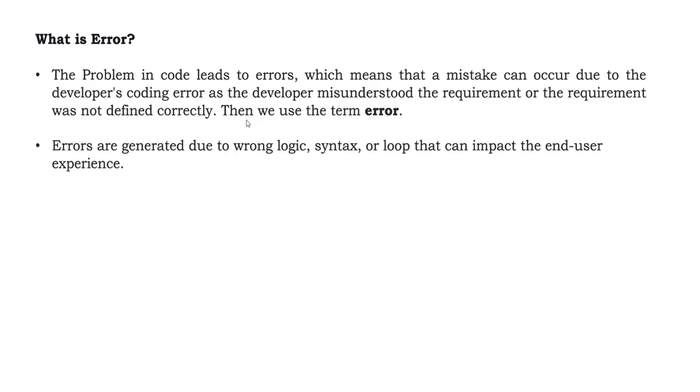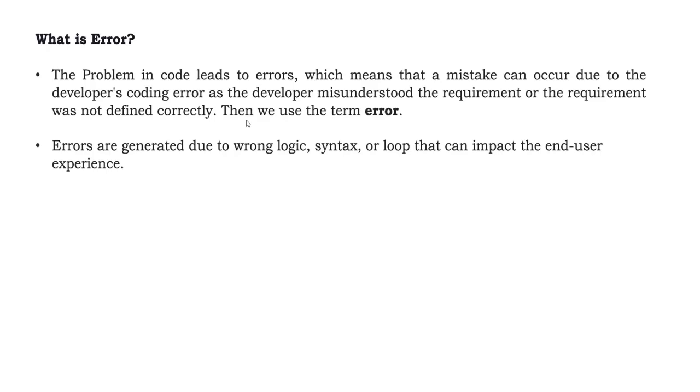Suppose a particular field should accept a maximum value of 100, but the condition or validation has not been done in the UI. Say there is a loop which will execute 100 times, but it continuously executes beyond 100, which leads to an error because that particular condition is missed.